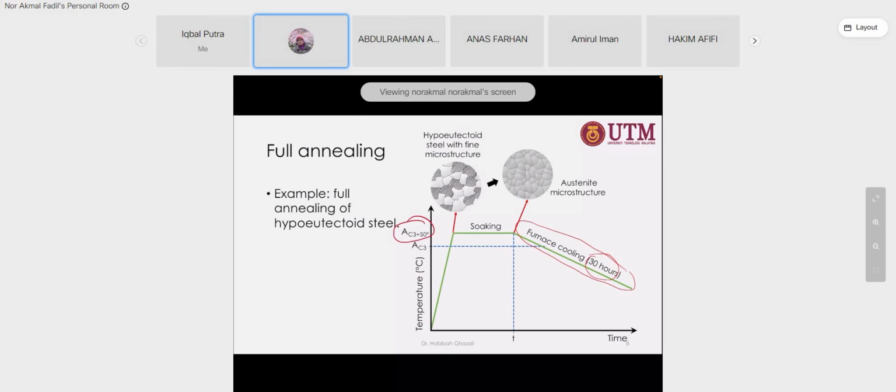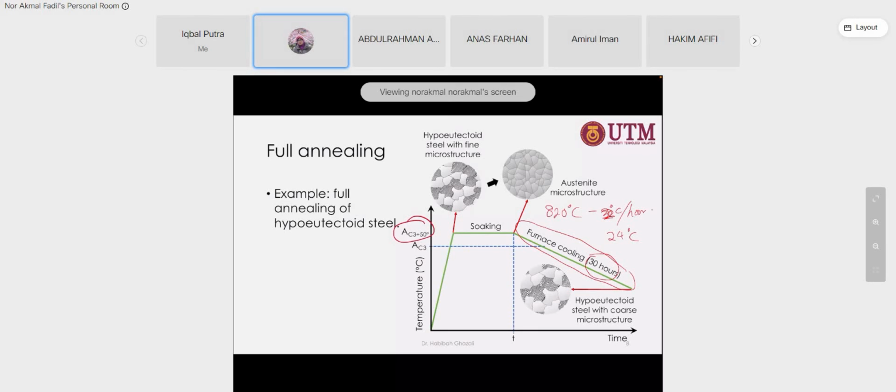For example, starting from 820 degrees Celsius, you reduce 20 degrees Celsius per hour, or maybe you decrease 2 degrees Celsius per hour. So how long will it take until you reach room temperature of 25 degrees Celsius? So it is a furnace cool, meaning that it's controlled by the furnace.